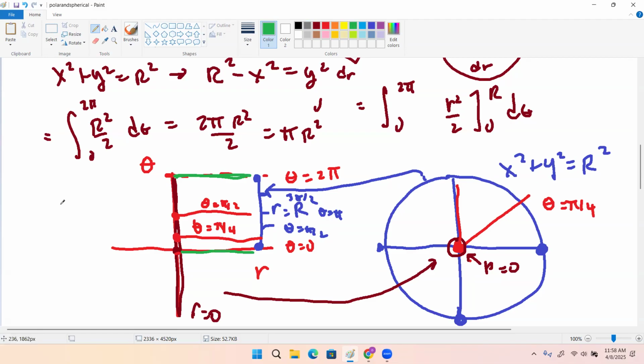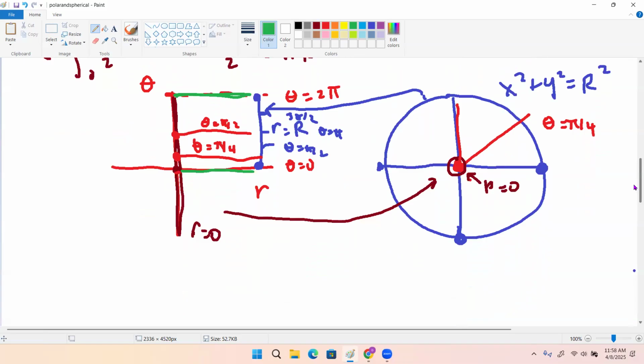So imagine taking this. So the identification, think about this little square, and I'll try to do it in stages. So you take this little square right here. This is 2 pi for theta. This is 0 for theta. This is going to be your r equals 0.